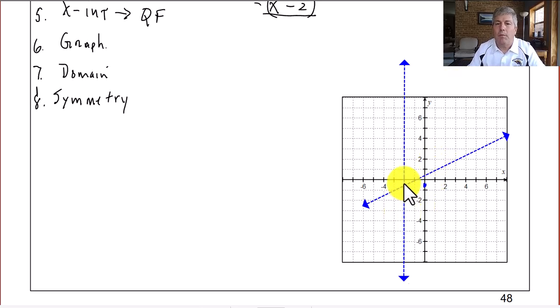So I've taken a moment to plot our vertical asymptote at x equals negative 2, our slant asymptote at y equals 1/2 x plus 1/2, and then I've plotted our y-intercept at negative 1/2. I'll have to do the quadratic formula to find our x-intercepts.